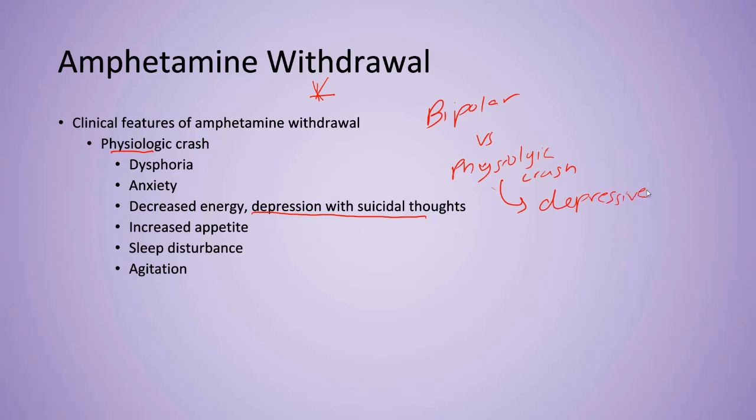But remember, the history will point towards somewhere that he has used cocaine, or maybe they'll say he's had multiple depressive episodes, and right now, he's hypertensive, has dilated pupils or something like that. I think I saw this case in one of the question banks. So it's very important to remember. In bipolar, you won't get any of the sympathetic stimulation or other features.